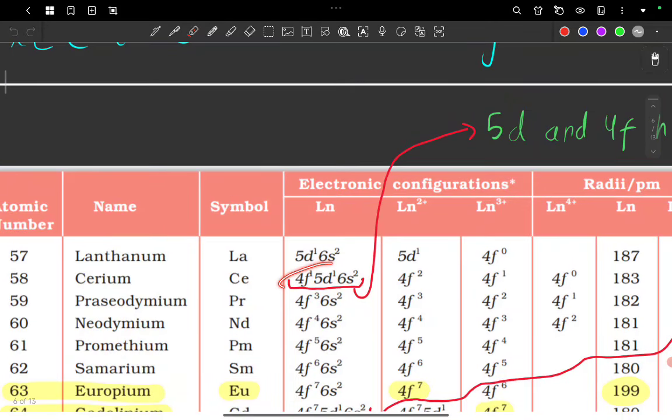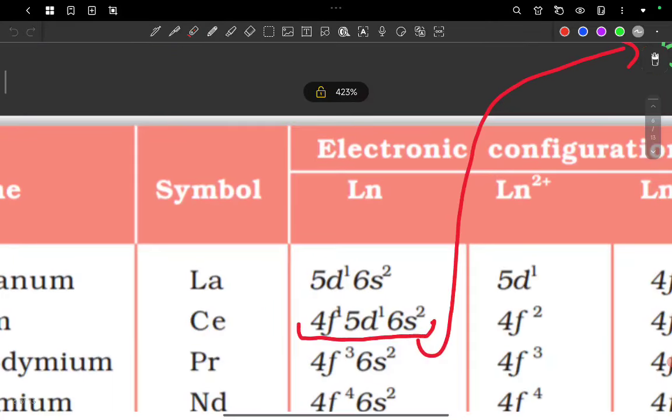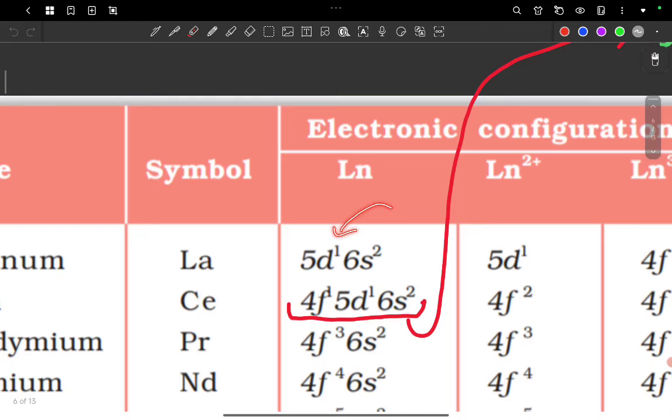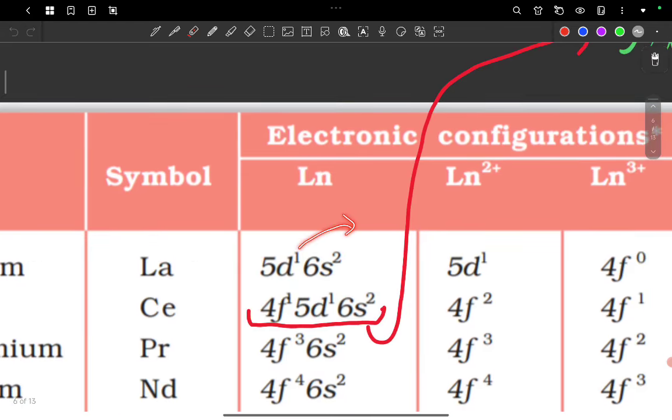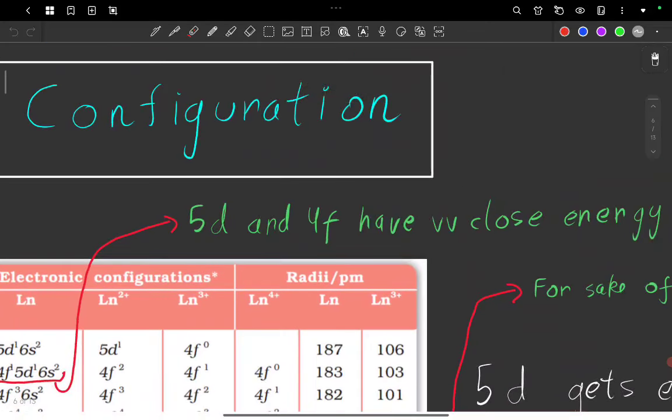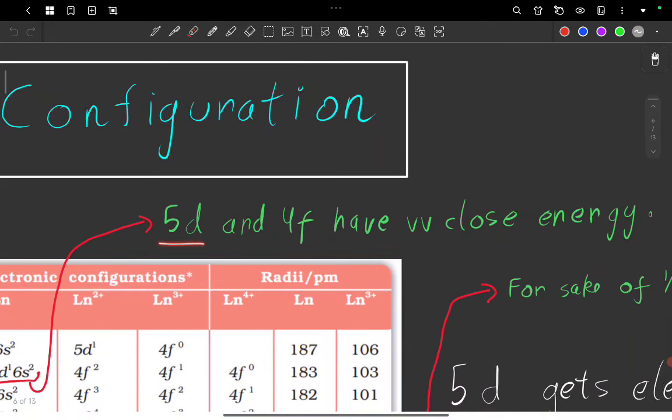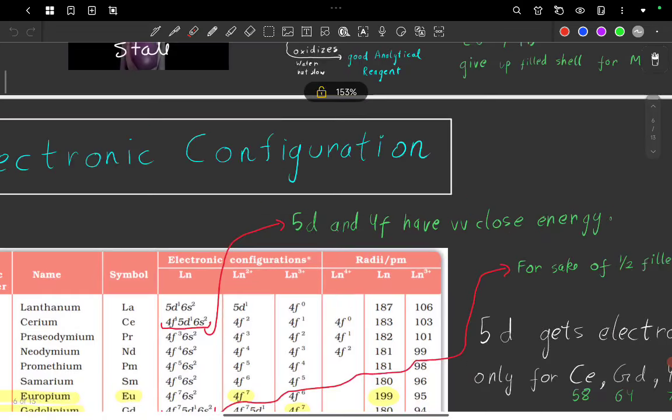And let's understand why this exception happens, where instead of going in the d subshell, the electron just jumps into the 4f subshell all of a sudden instead of going into d2, d3. Understand one thing: the 5d and 4f subshells have very, very close energy, absolutely close, almost identical.